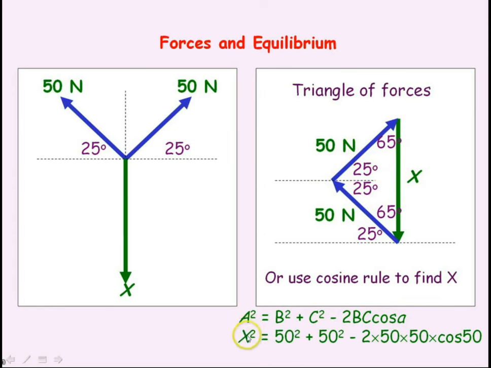If we substitute those values in, where b equals 50, c equals 50 and A equals 50 degrees, that will all equal x squared. And if we put this into our calculator and take the square root, we'll get the same answer we got when we used the sine rule, where x is equal to 42.3 newtons.